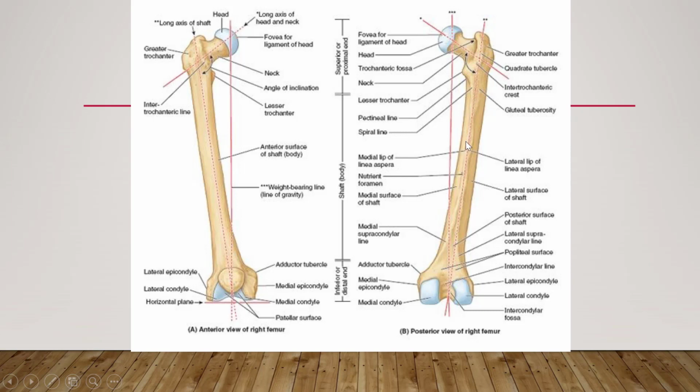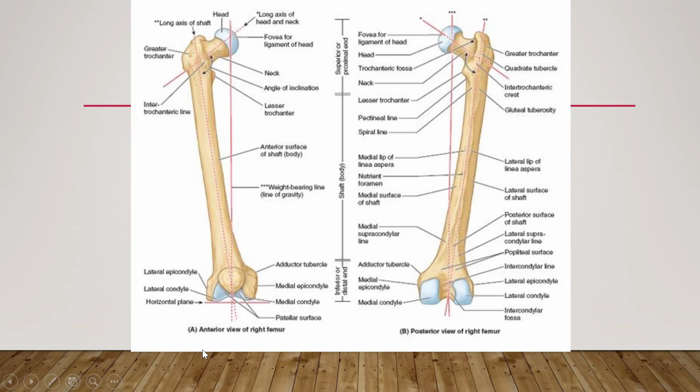The medial lip is continuous above with the spiral line and the pectineal line, and then to the lesser trochanter. The linea aspera divides into two lines inferiorly: the medial supracondylar line and the lateral supracondylar line.